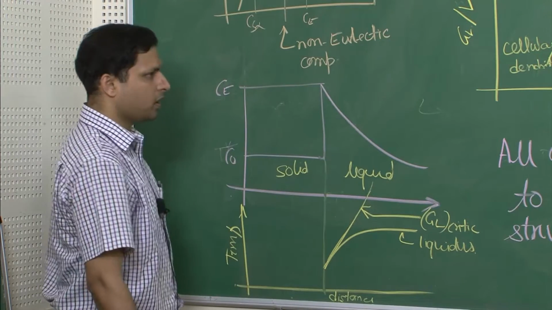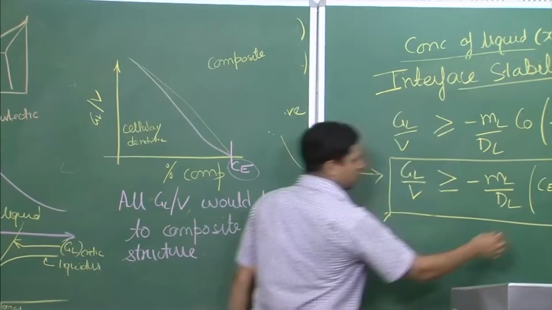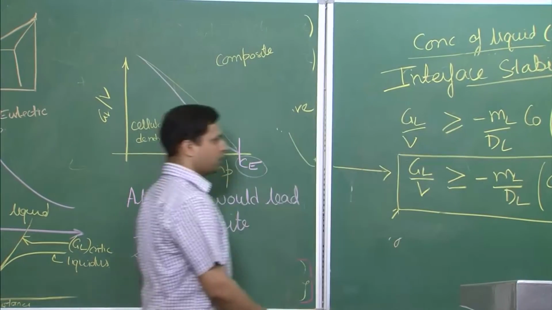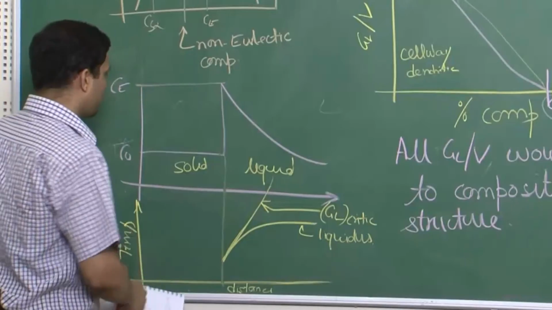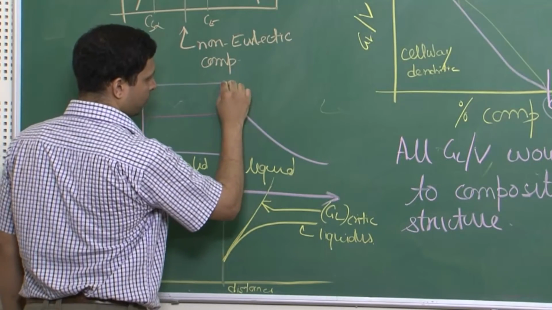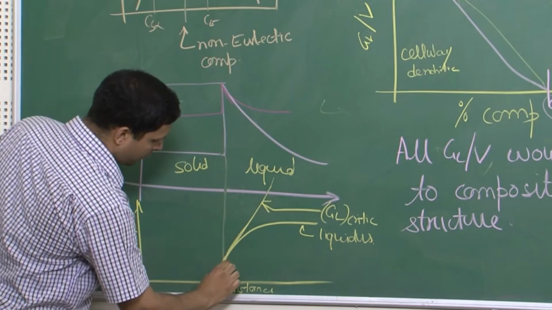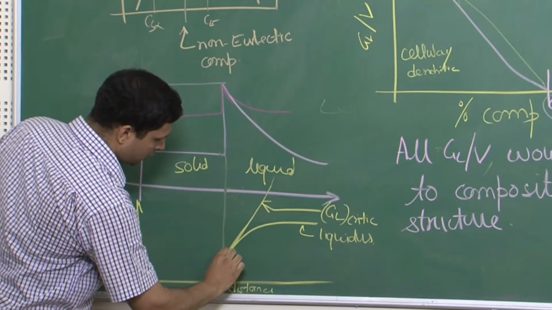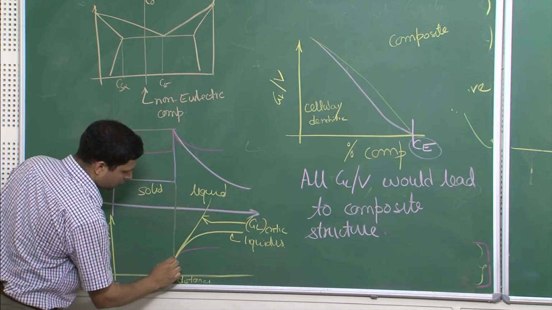And what else can we say about this from the plot itself? Now you see, if you keep reducing CE minus C naught, let us say we now make it smaller. So it becomes like this, which means correspondingly if we look over here, it becomes like this.